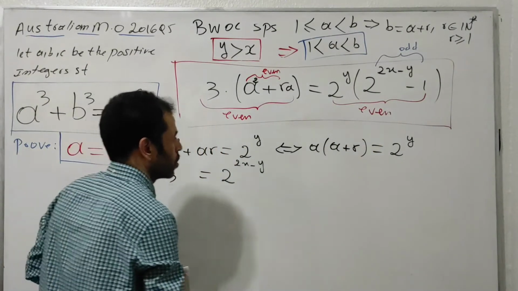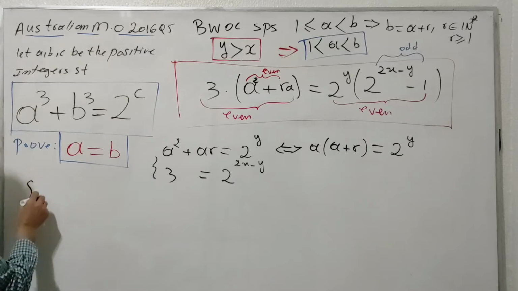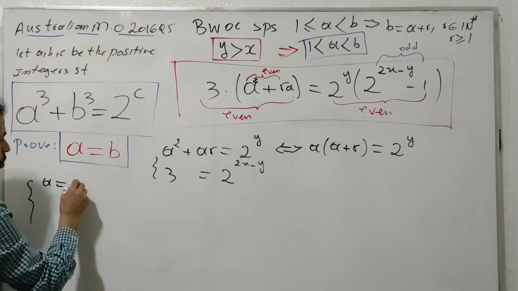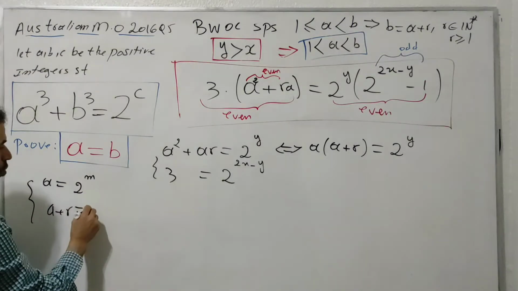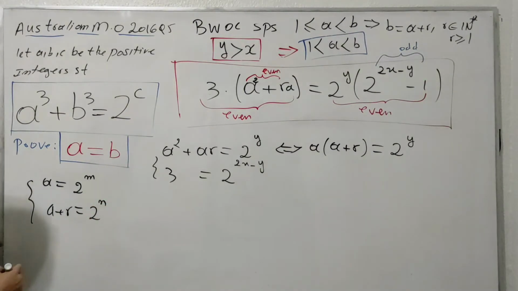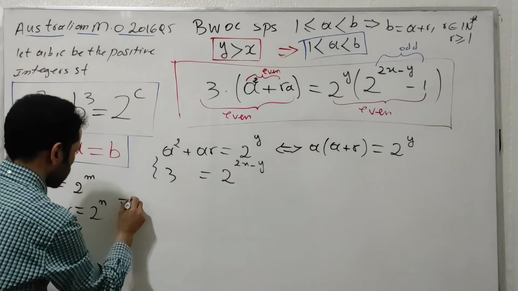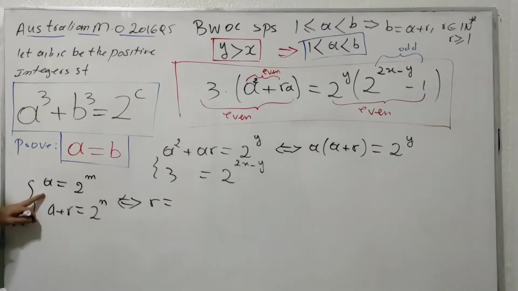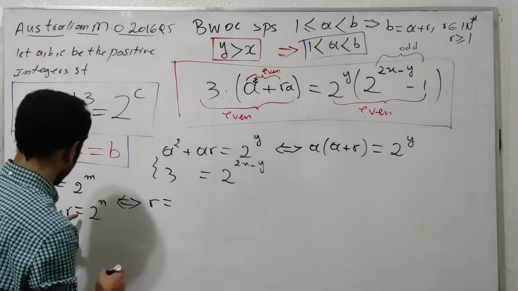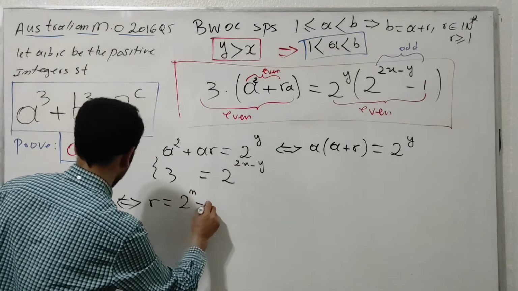I will have a equals 2 to the m and a plus r equals 2 to the n. Now I'm going to subtract this equation from that one, which gives me r by cancelling out a. I will have 2 to the n minus 2 to the m.